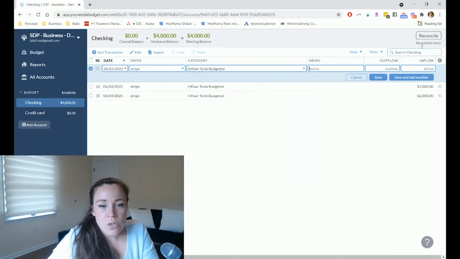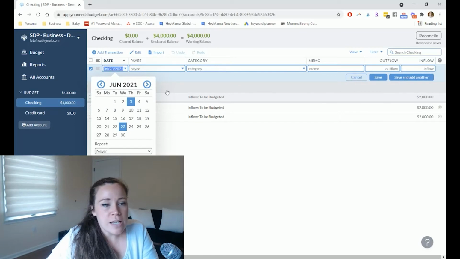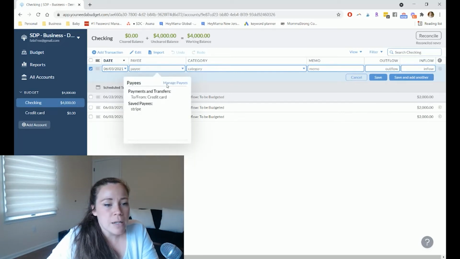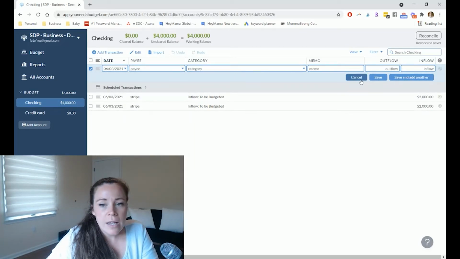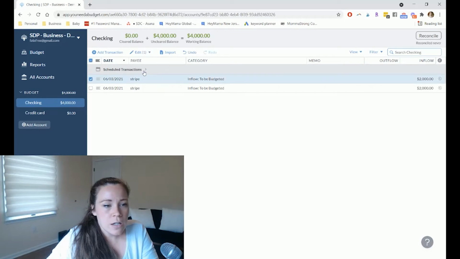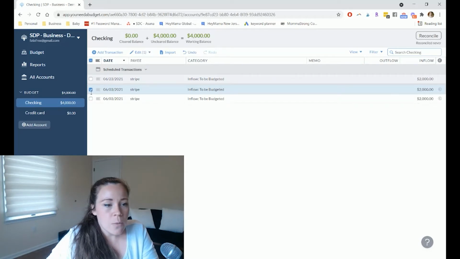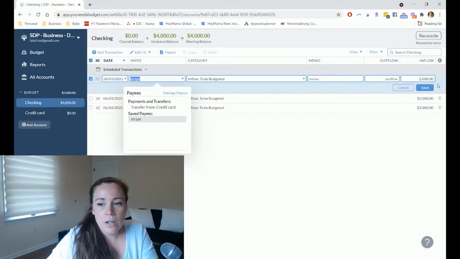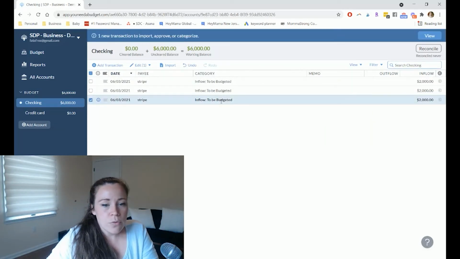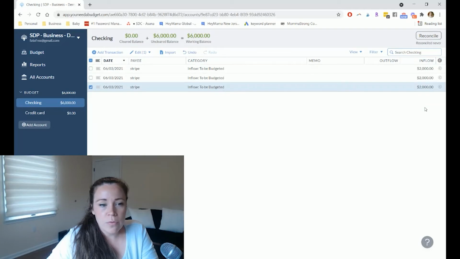I'm going to do this inflow to be budgeted. I have $2,000 coming in. So those are my bigger things that I have coming in. Oh, I meant to change that. One second. Cancel this transaction. I want to go back to this June 23rd and change it to June 3rd. Save and approve. All right.